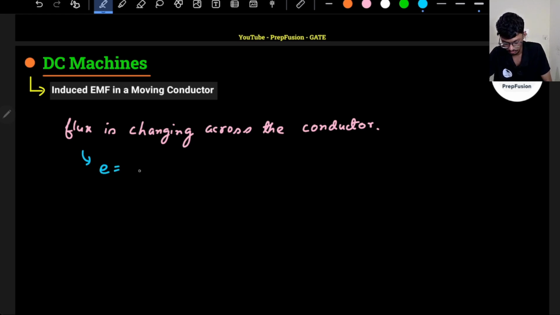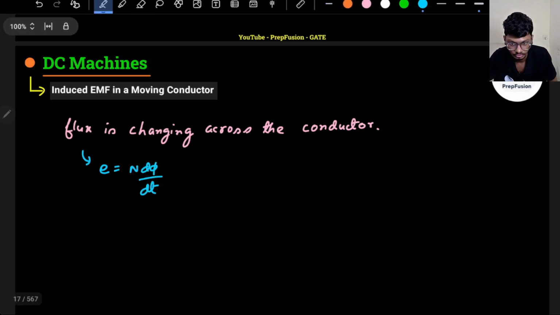E will be equal to N d phi by dt, right? If you remember, it was N d phi by dt. I'm just talking about the magnitude for now.